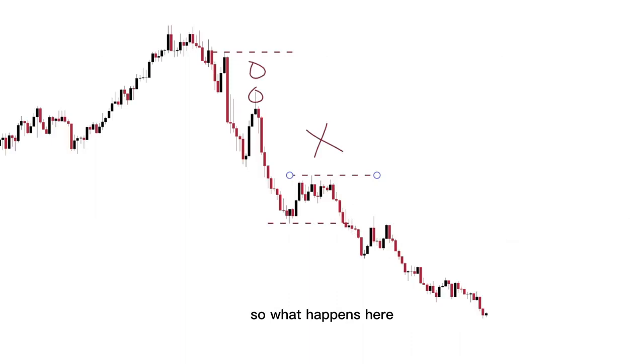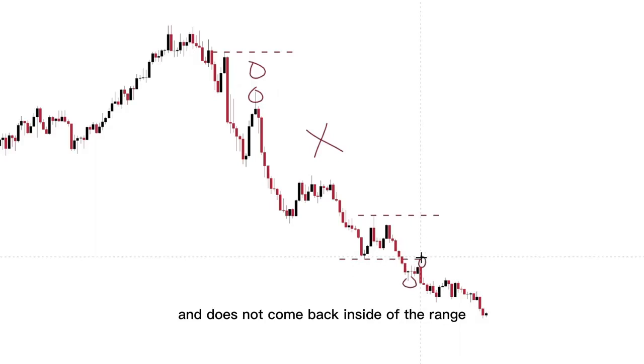So what happens here? Price rejects without entering the range. Price finds rejection right here, forming your new range. Here's your low, and here's your high. Price forms a low and does not come back inside of the range.